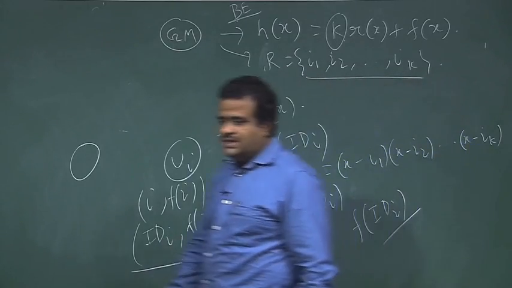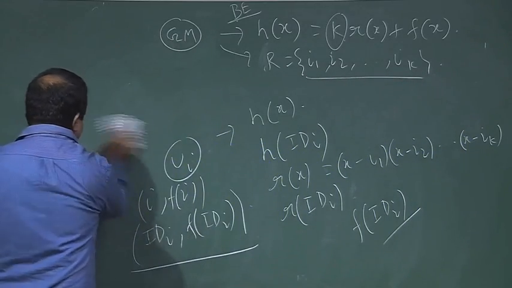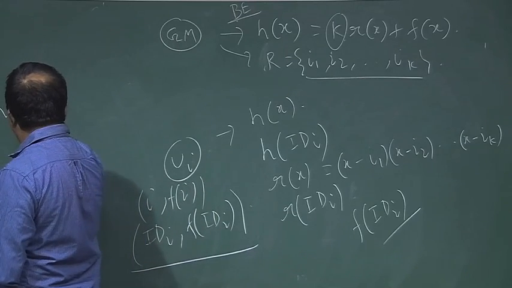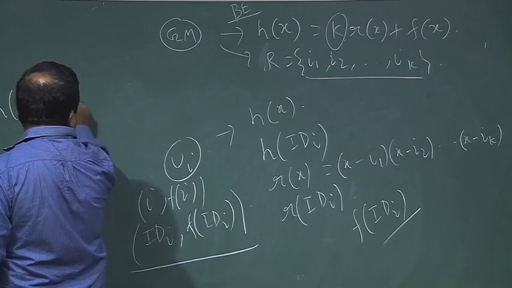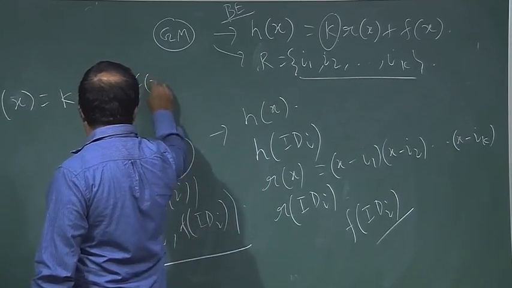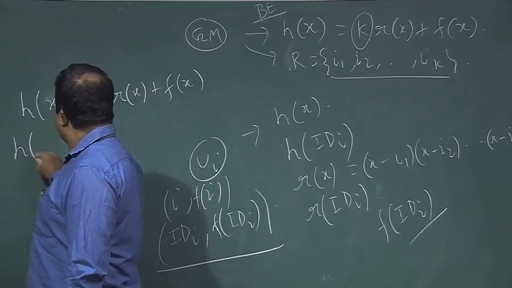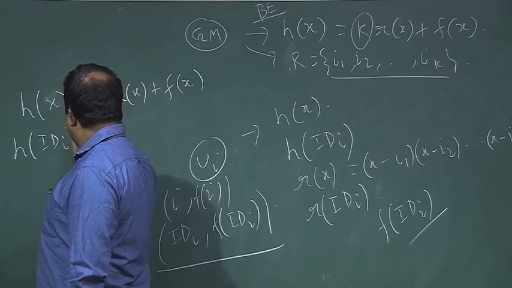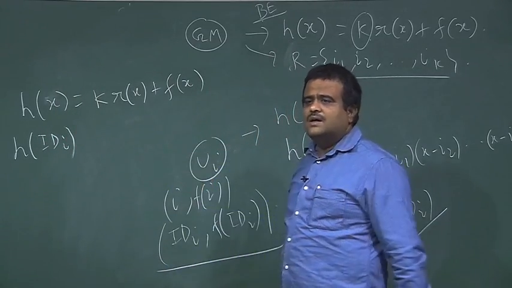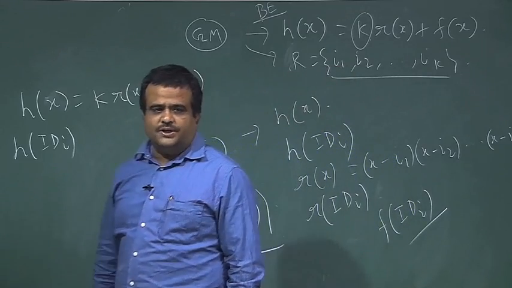So it can simply now compute. We know h of x is basically k r of x plus f of x. So h of ID I, or it could be just I for simplicity, but ID should be an element from Zp star.